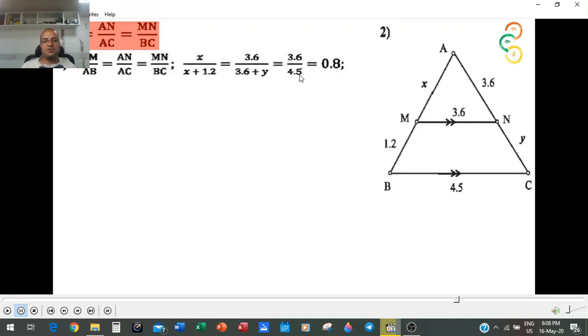This ratio, 3.6 over 4.5, is equal to 0.8. So we can use this ratio and this ratio to calculate X, and we can use this ratio and this ratio to calculate Y. Let's see the solution.